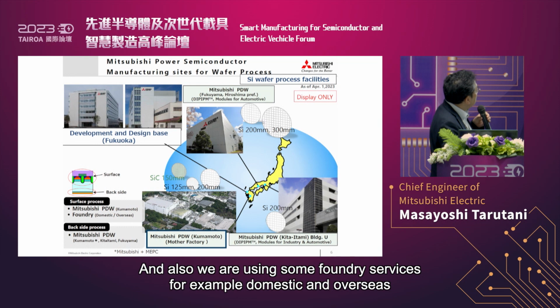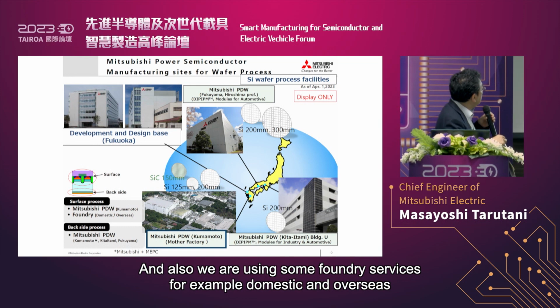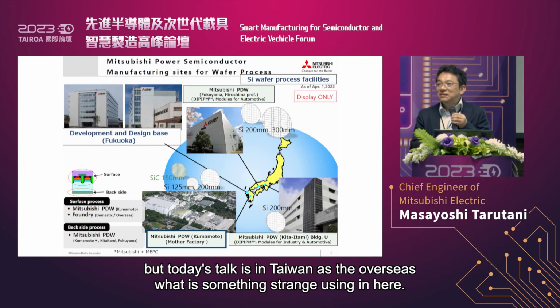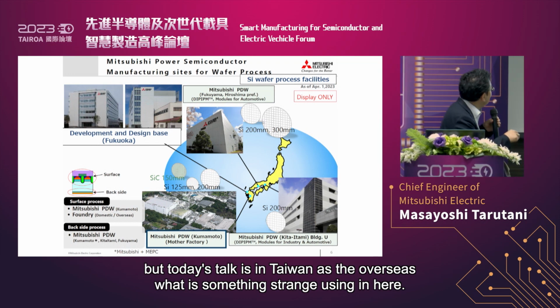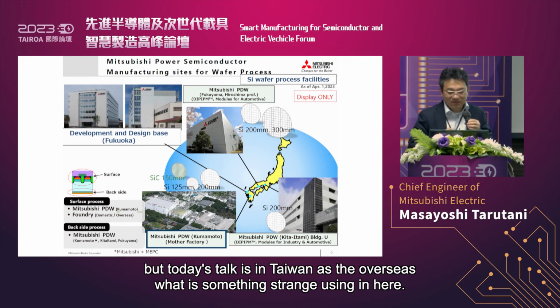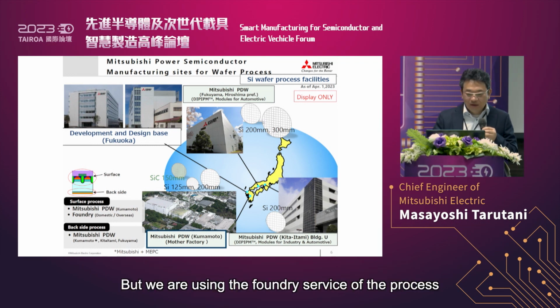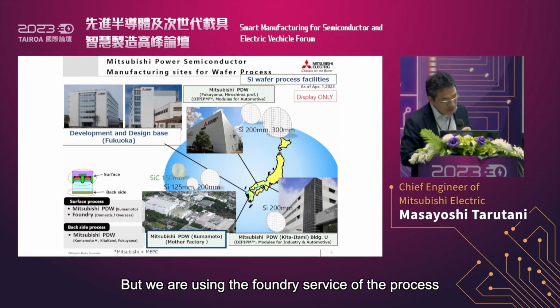And also, we're using some foundry services, for example, domestic and overseas. But today's talk is in Taiwan, so the word overseas is something strange to use here. But we are using the foundry service for the wafer process.